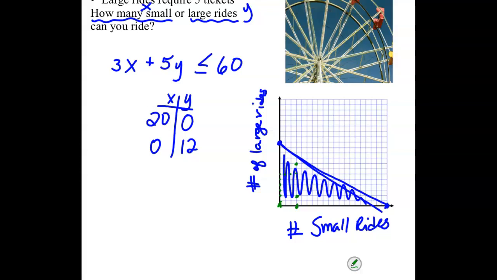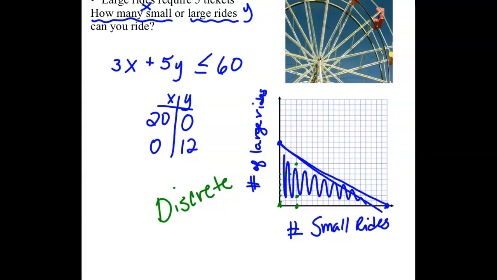But the understanding is that this is what we call a discrete situation, where it's not every point that we're shading, it's just the whole number ones. Does that make sense? So I'm fine with you shading the whole part of the graph underneath your line, but understand that really we can't do the halves and thirds and things like that.